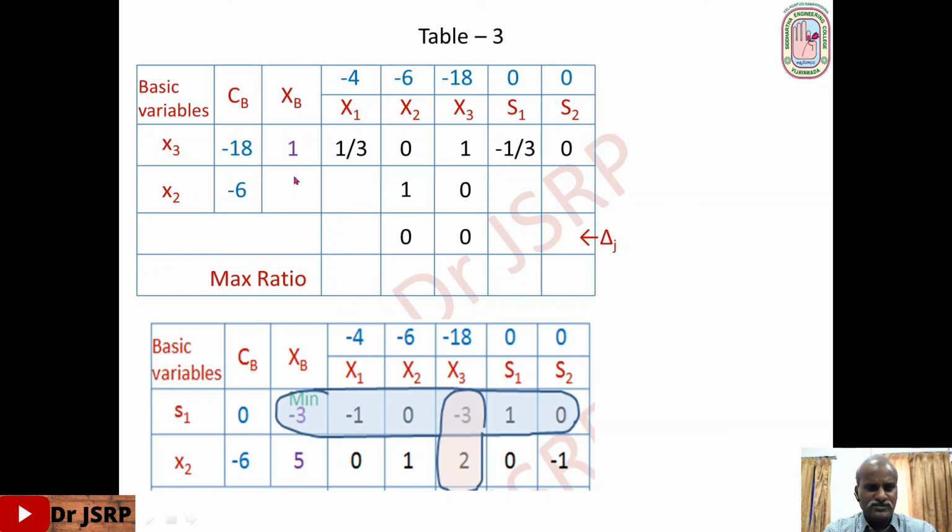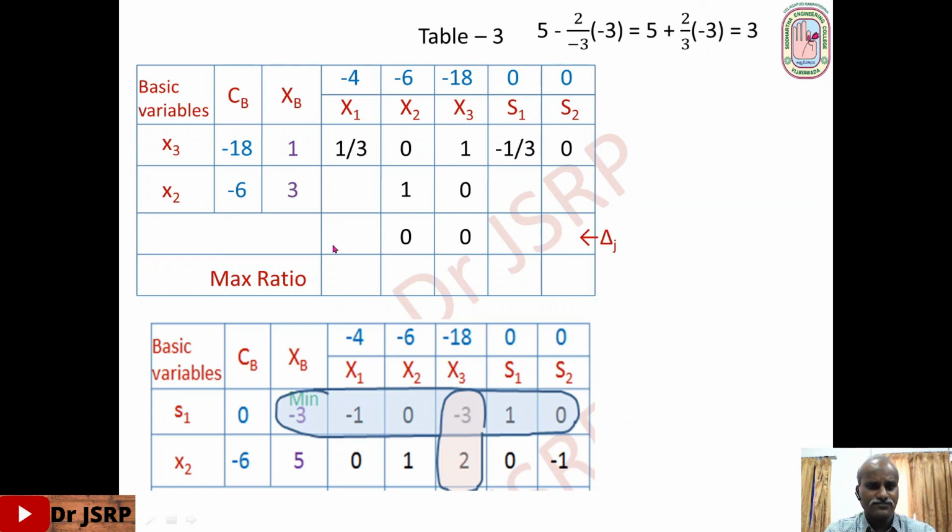To calculate this value, present value 5, minus pivot column element 2 by pivot element minus 3, into the pivot row element minus 3. So this is 5 minus or minus plus 2 by 3 into minus 3. For this row calculation, plus 2 by 3 is fixed, the same. We just replace the present value and pivot row value. So this 3 gets cancelled, 5 minus 2, 3.